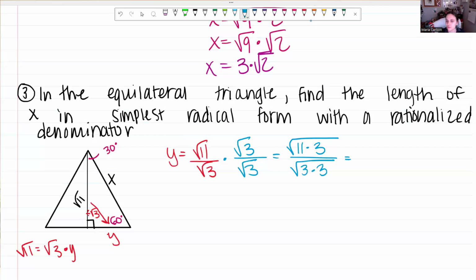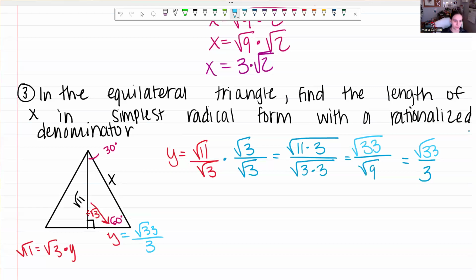The square root of 3 times 3 is like the square root of 9, so that is just 3. Now looking at the numerator, the square root of 11 times 3 is the square root of 33, and I unfortunately cannot simplify that further. So I'm just going to leave it as the square root of 33 over 3. Now, that is this side y. So y is equal to the square root of 33 over 3.